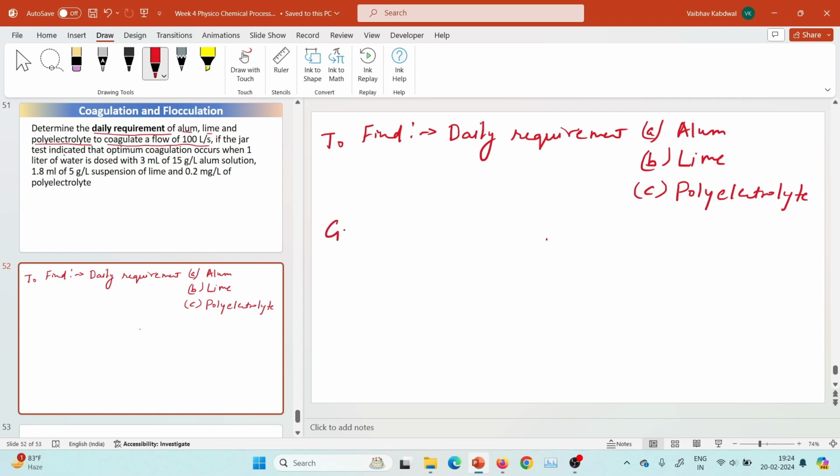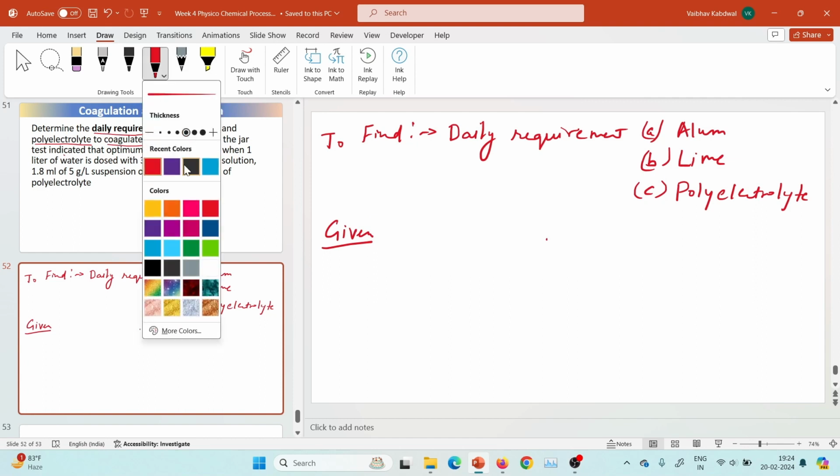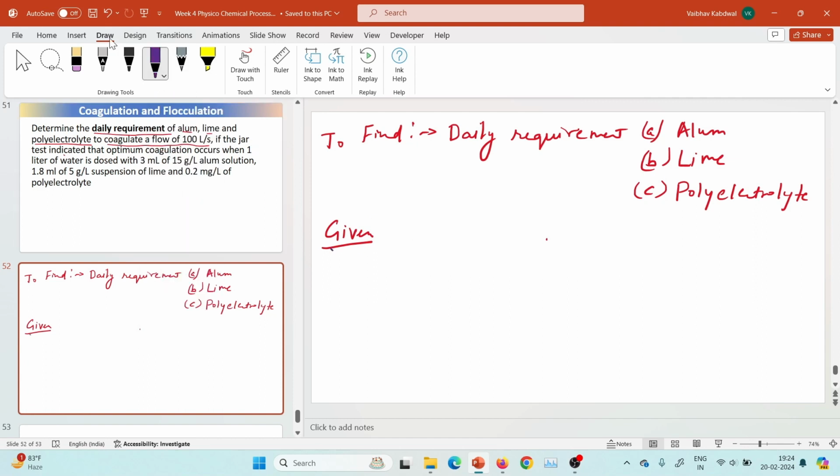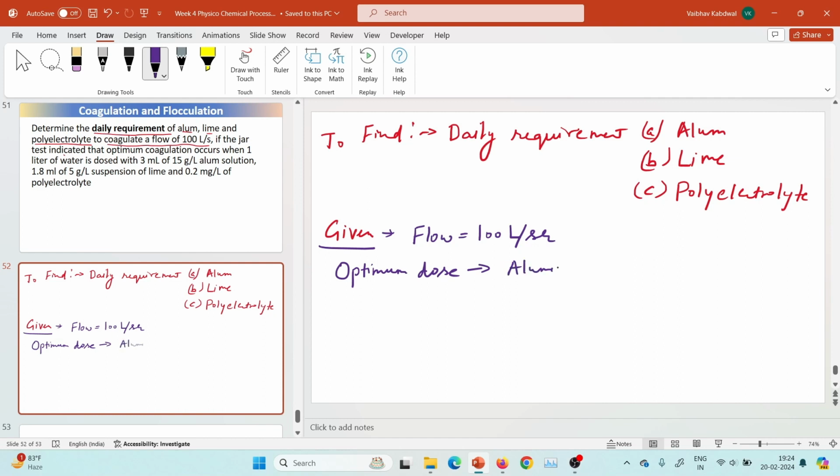And what is given to us? The flow is 100 liters per second, and we are given the optimum coagulation dose of alum.